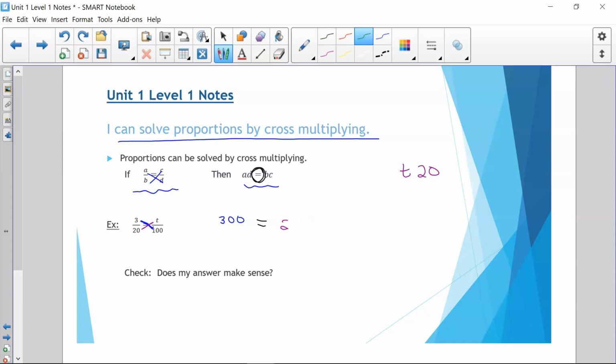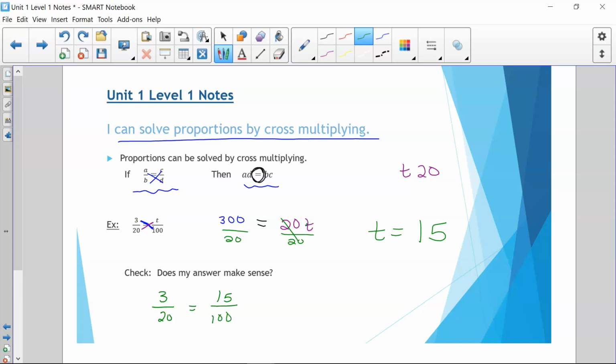Now to undo multiplication, I undo that with division. So I would divide by 20 to the other side, because whatever you do to one side, you do to the other. And 300 divided by 20 is 15. Now, great mathematicians always ask themselves, does my answer make sense?